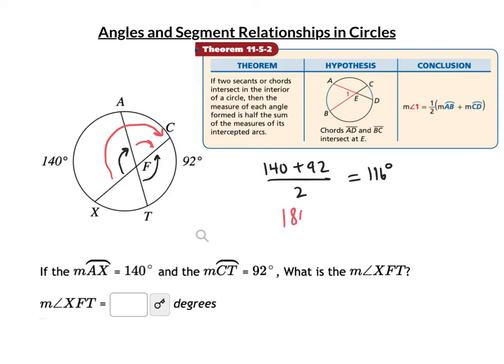I'll take 180 minus 116, and that is 64 degrees. So this one's 64, and this one is 64, and these two are 116. We're looking for XFT, that angle, XFT right here. It's 64 degrees.